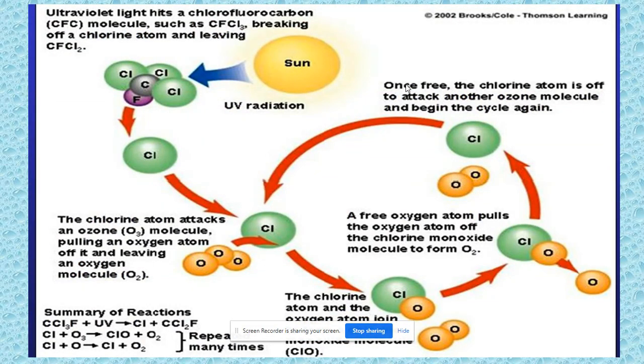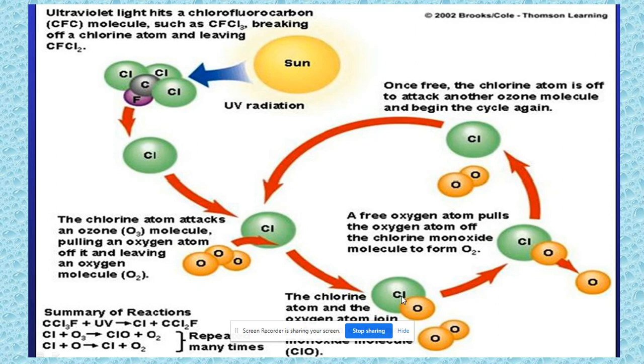So here is a pictorial representation of how ozone depletion takes place. We start from here. Ultraviolet light hits the chlorofluorocarbons, CFCs. Here CFCl3 is present. UV rays break that CFCl3 and one chlorine atom breaks off. This chlorine atom attacks an ozone molecule, pulling an oxygen atom off it and leaving an oxygen molecule behind.